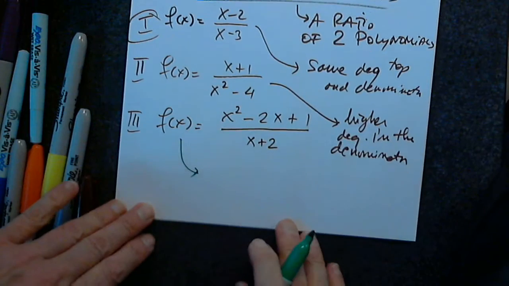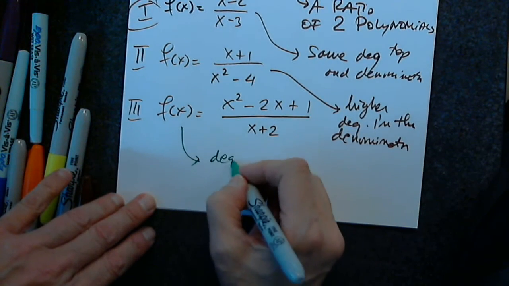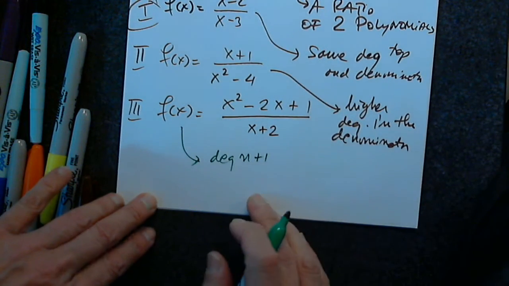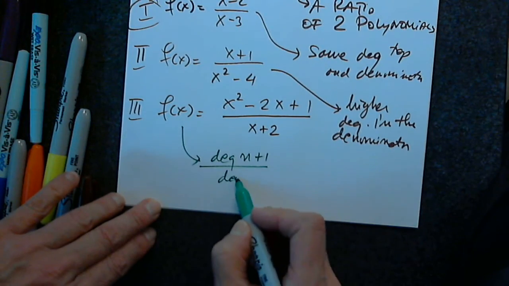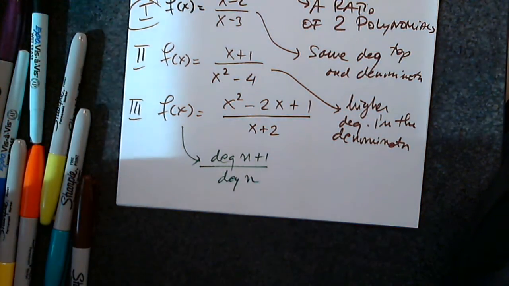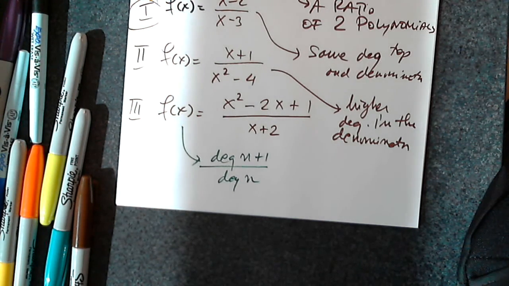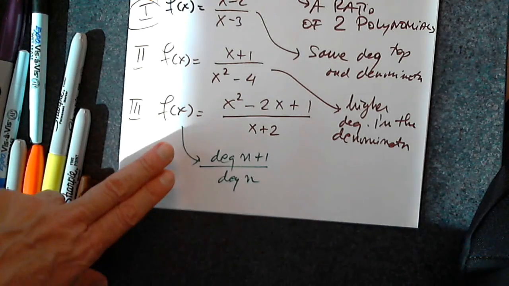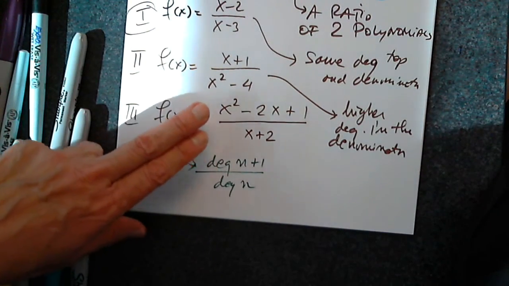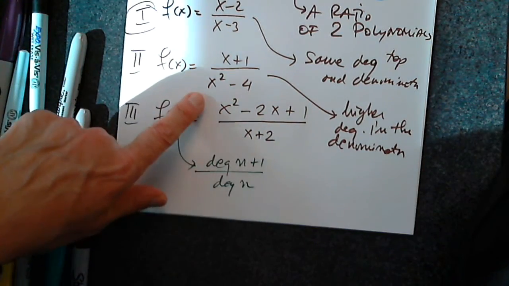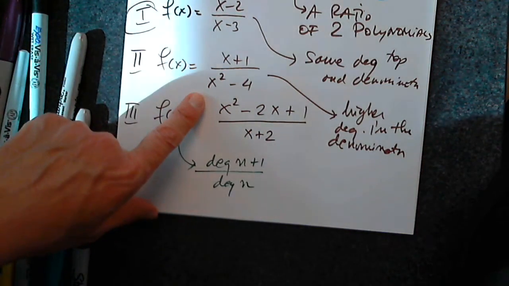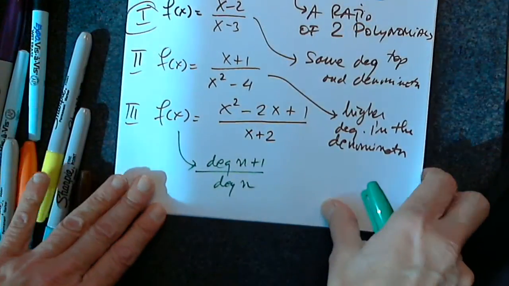So for type 3, degree n plus 1 at the top and degree n in the denominator. Mandatory, we cannot go beyond this. We don't have enough information in algebra to go beyond this. We'll have to use the calculator. So type 3 is any degree in the denominator, but the numerator has a degree that is 1 unit higher. Perfect. Let's start with the first one.